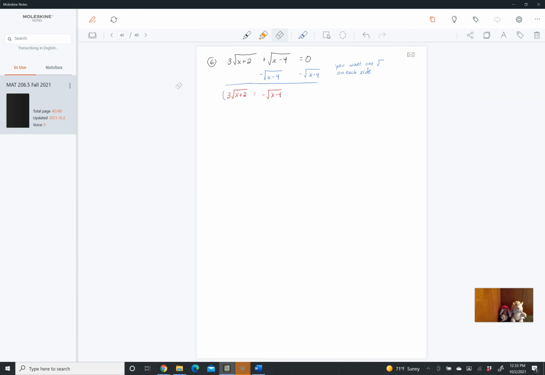That still will help you get rid of the radical, because what's going to happen is the square root is going to go away, but remember that this 2 gets distributed, right? So it's going to get distributed to the 3, and it's going to get distributed to the square root of x plus 2. So what you wind up with is 9 times x plus 2.